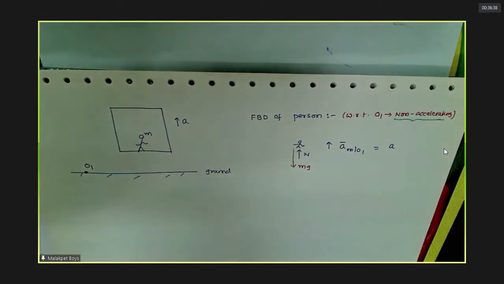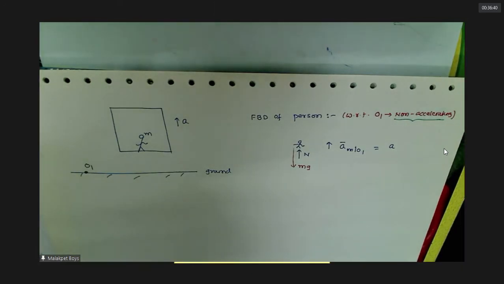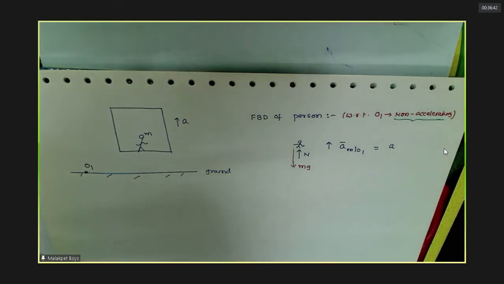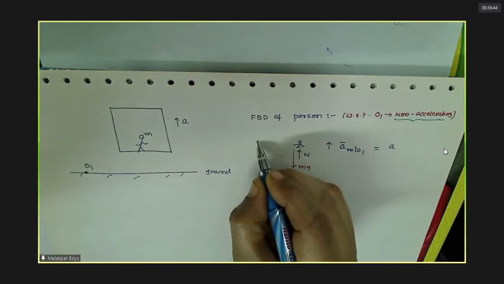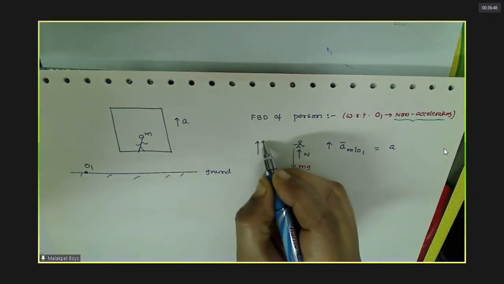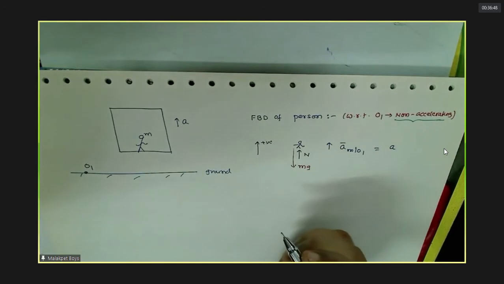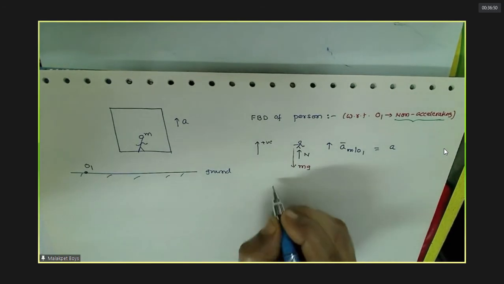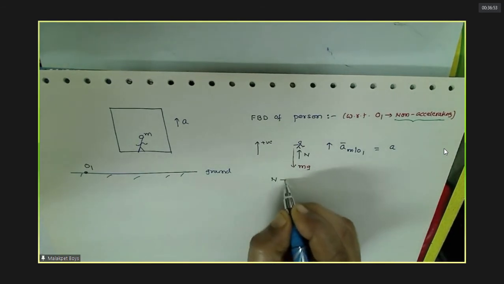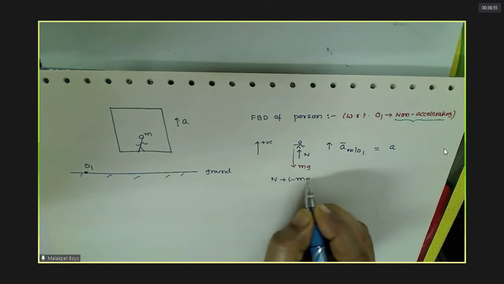Yes, sir. So I have separated the body and shown the forces. Now I am taking this as the y-axis, the positive direction. The next step is the sum of the forces. Upward is positive, downward is negative.